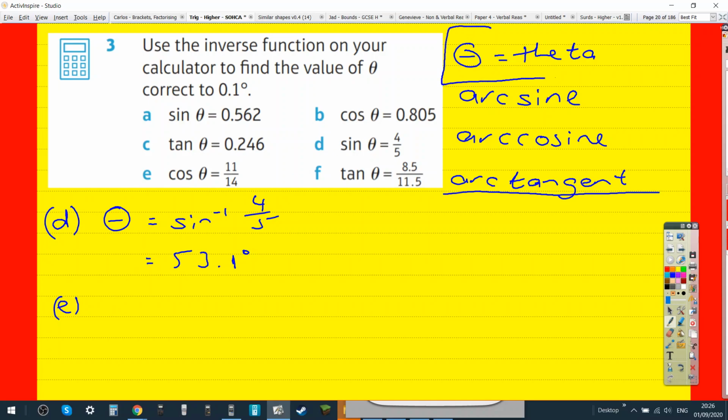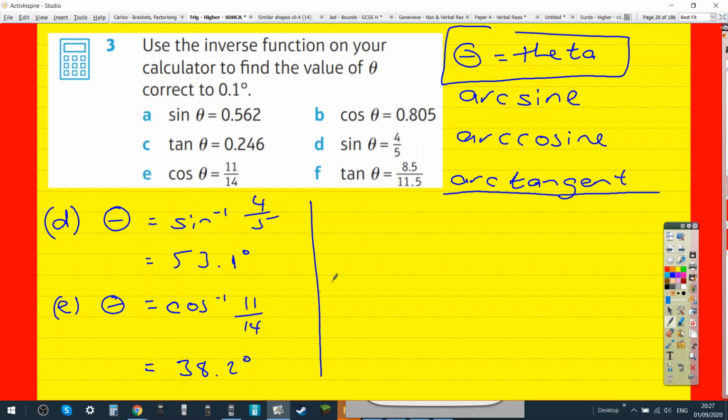Up here. Okay, so it'll be theta equals arc cosine 11 over 14. And that is 38.2 degrees.